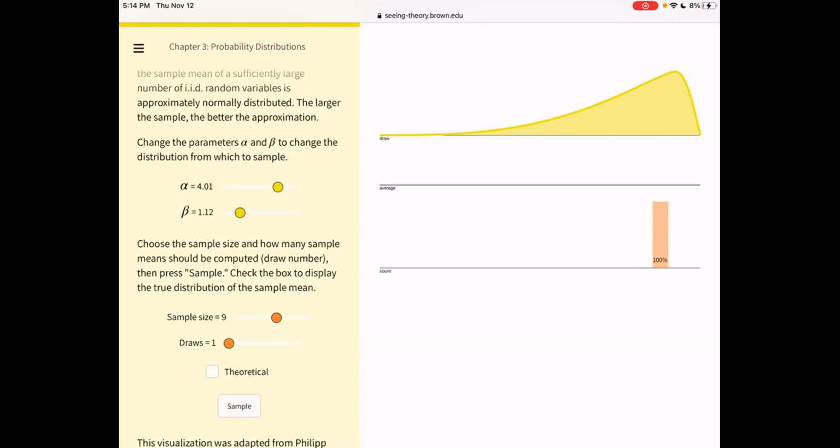So let's do it 2 times. We're going to repeat the experiment. We're going to sample 9 times from the triangle and take the average, and we're going to repeat this experiment 2 times.